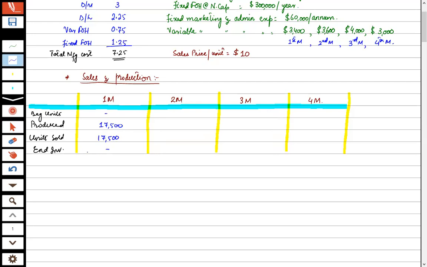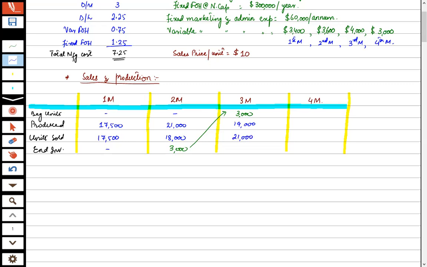Therefore we don't have any ending inventory. So there is no ending inventory for the first month, and there wouldn't be any beginning inventory either. In month two, we produced 21,000 units and sold just 18,000 units. So we would have 3,000 units in the ending inventory, and these 3,000 units will be the opening inventory of the third month. Please remember it. We produced 19,000 and sold 21,000.